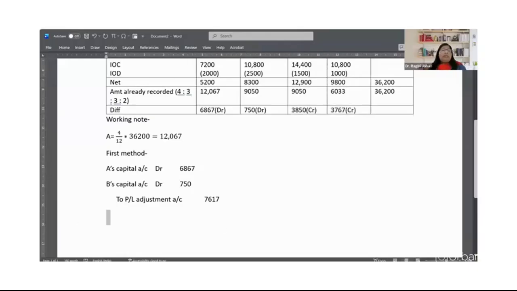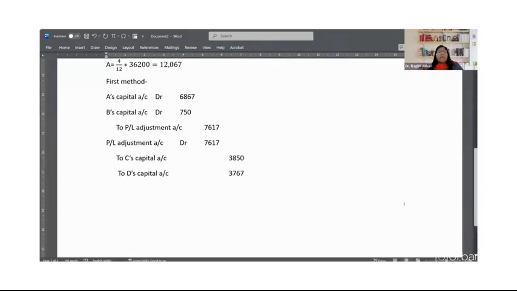The next entry would be: adjustment account debit 7,617, to C's capital account credit 3,850, then to D's capital account 3,767. This was using the first method.